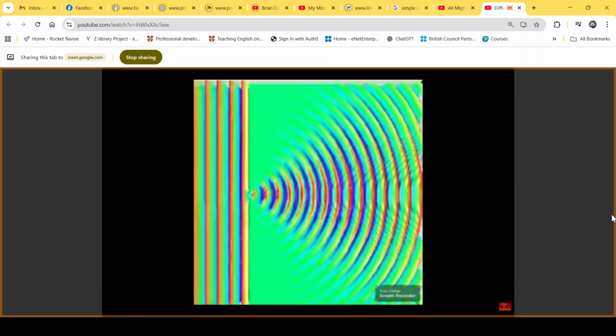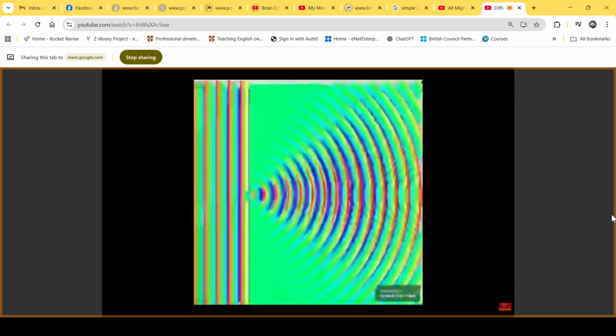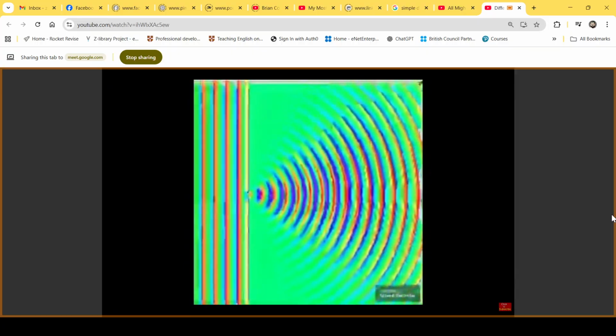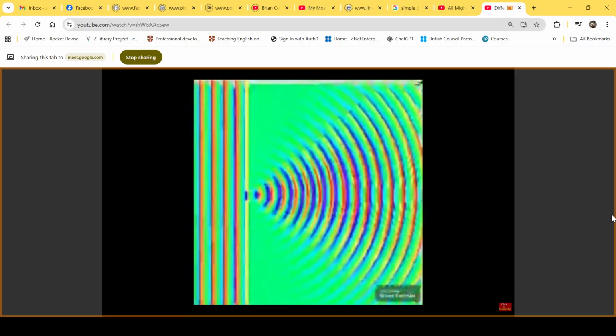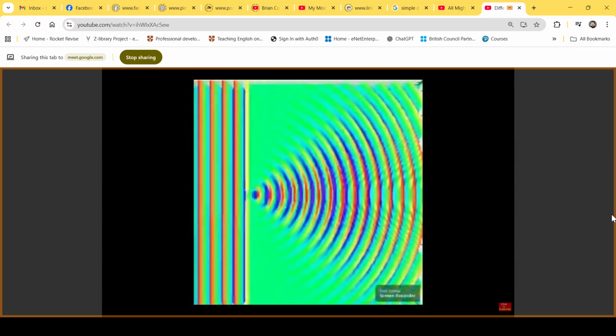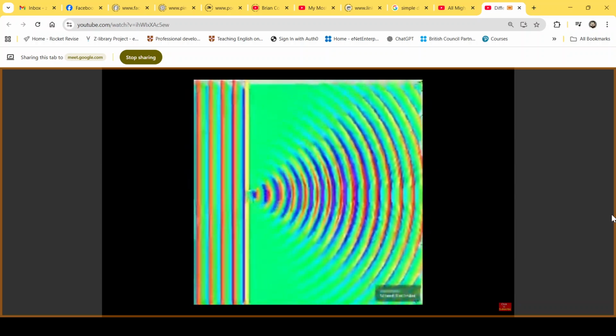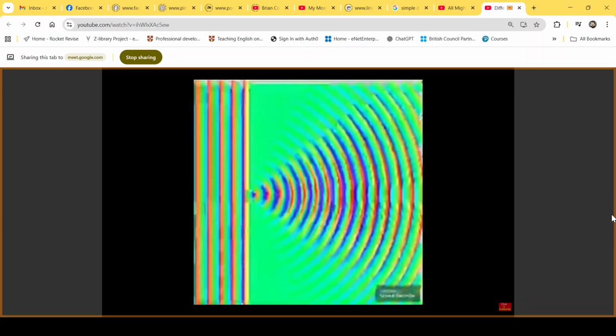Now here it is with the lights on, and now you can see how dramatic it is when I turn the lights off. Now, if you'd like to know what is happening as the light wave passes through the slit, here's what happens. It creates waves, and you see them in this pattern.